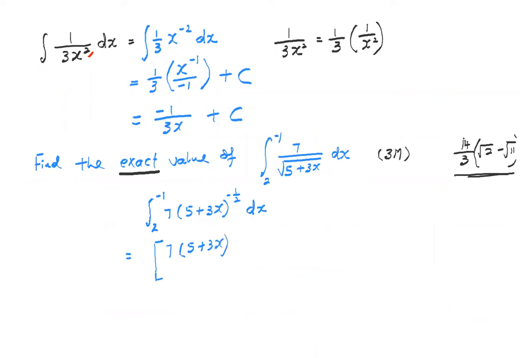Negative half plus 1 is half, then divide by half. New power, then divide by coefficient of x. From 2 to negative 1. You got the integration correct, you get 1 mark.